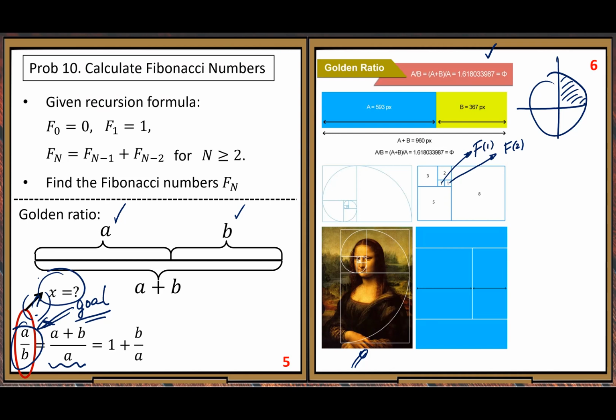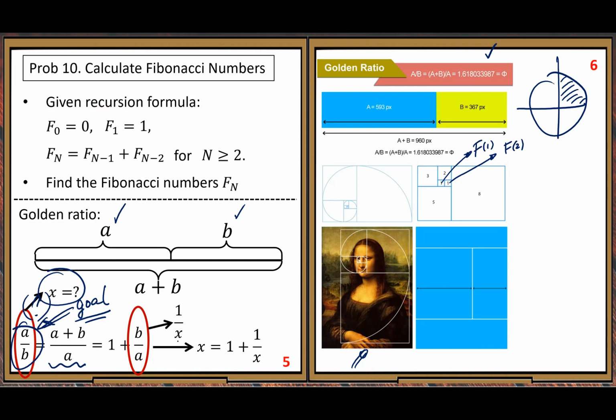After that variable substitution, we can simplify our ratio equality, because B over A equals 1 over x, the reciprocal of x. So we get the equation x equals 1 plus 1 over x. This equation only has one variable, so we can solve it easily.